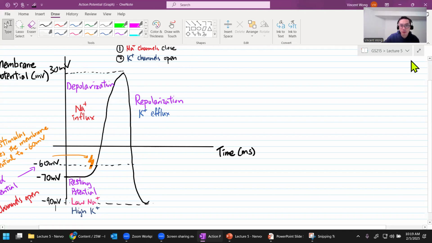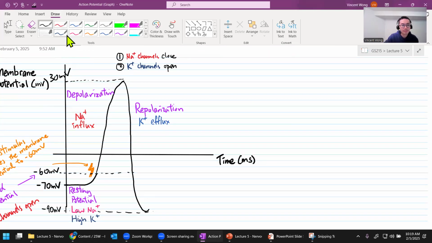Now let's put some more markers here to help you connect the situations. At the beginning, we had low sodium, high potassium because of the sodium potassium pump. But once you open the sodium gate, all the sodium comes in, and at +30, the inside will have high sodium because they just came in, and also high potassium because they didn't do anything yet.